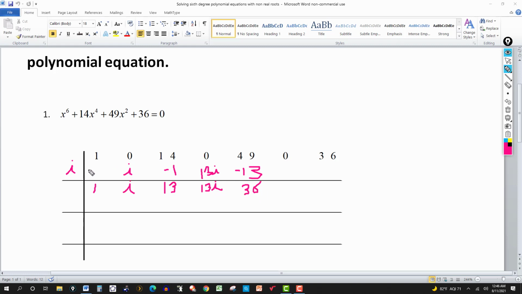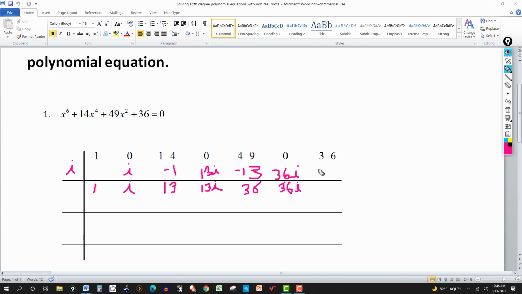And then we continue. i times 36 is 36i. That comes over to the next column. 0 and 36i is 36i. And then we continue. i times 36i is 36i squared.